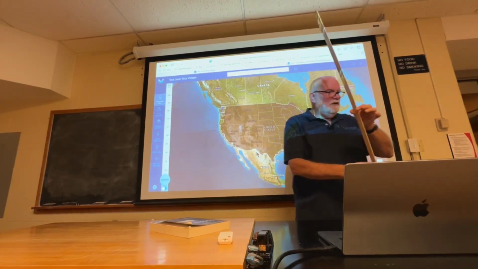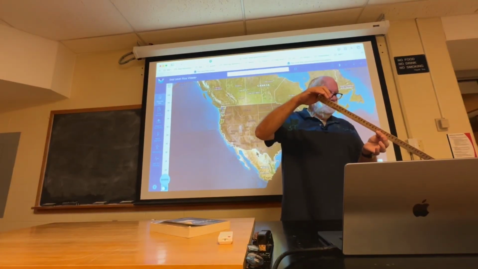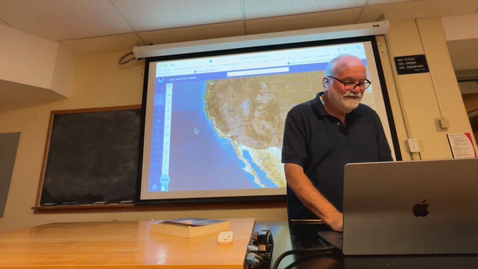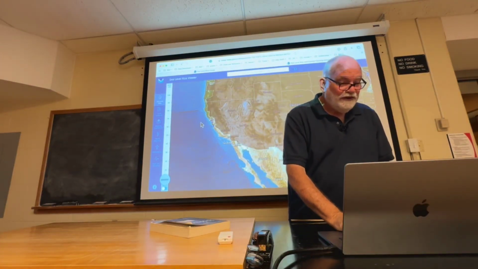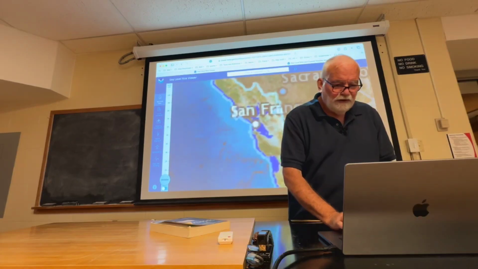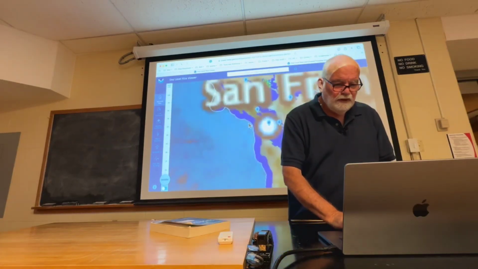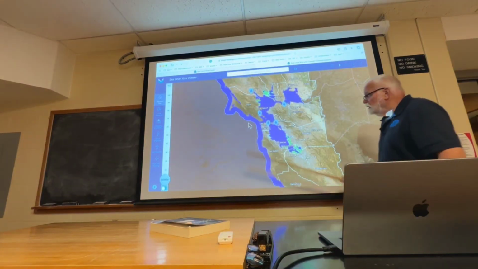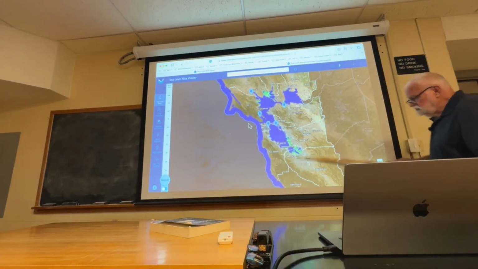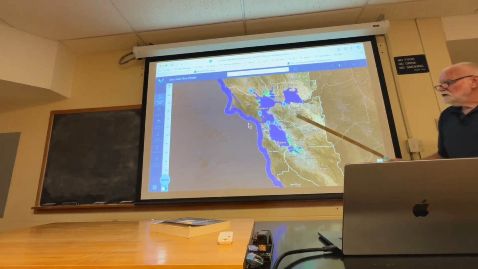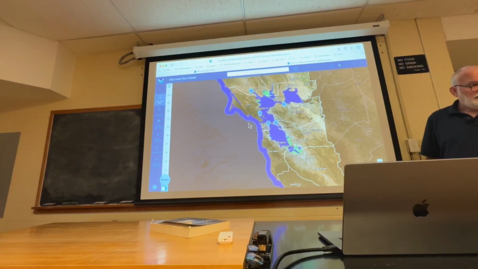You think that's a steep coast or a shallow coast? Steep. Shallow. Would it depend on what part of the city you're talking about? Probably. All right, now I have to figure out how to do this without my handy dandy map. Okay, so you see a couple things here. You see the land. You see the water in blue, present day. You see some green areas which are low-lying.